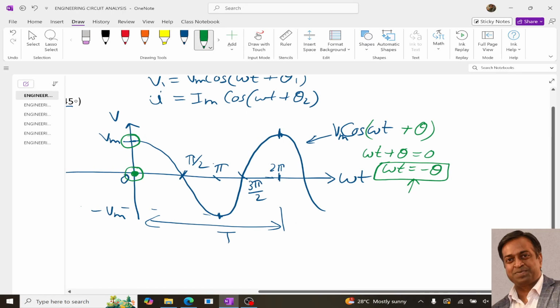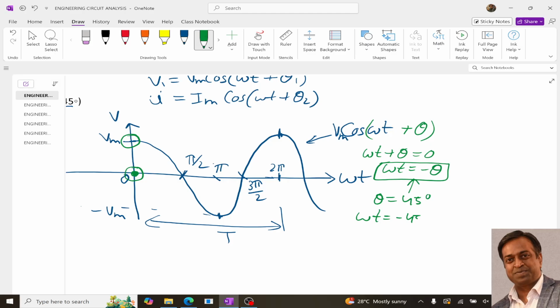Suppose theta is 45 degrees, so omega t equals minus 45 degrees, and minus means that the shifting will be towards the left side.